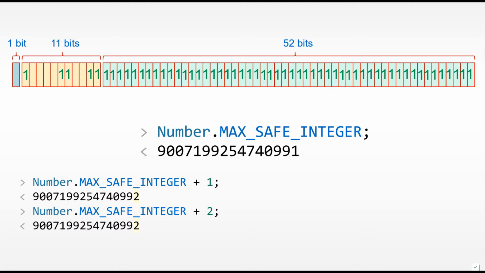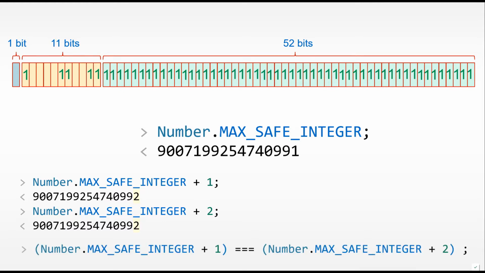Notice we are already rounding. We've run out of numbers. And if you want to do something even more interesting, compare the maximum safe number plus 1 to the maximum safe number plus 2, you actually get that the two numbers are equal. So we are taking the same number, adding 1 to it, and then adding 2 to it, and comparing the results, and we get that the two results are equal. And again, the reason for that is because we've gone into this unsafe territory where we've started rounding things.